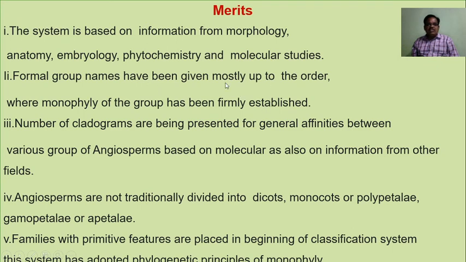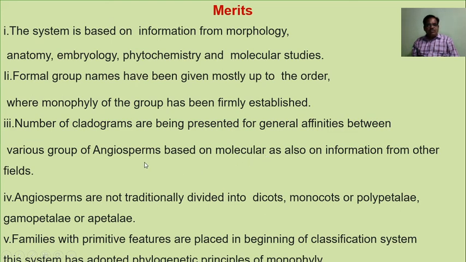And what is monophyly? Monophyly means it is the group of plants which are used as an ancestor group, which are used for the comparison of the new plant with the ancestor plant. Then a number of cladograms are being presented for the general affinities between various groups of angiosperms based on molecular as well as other fields.